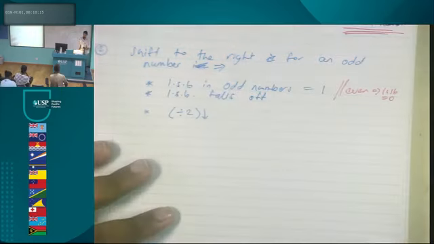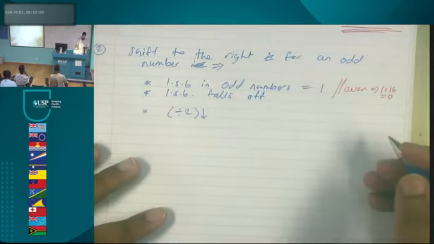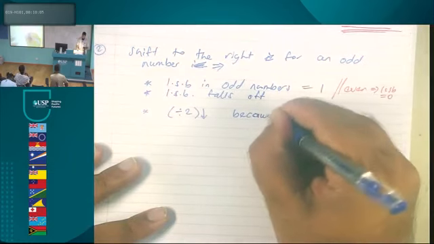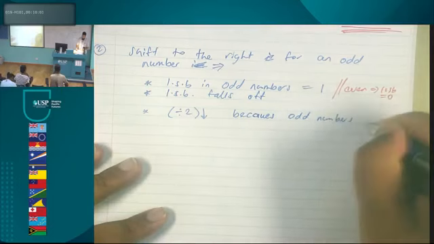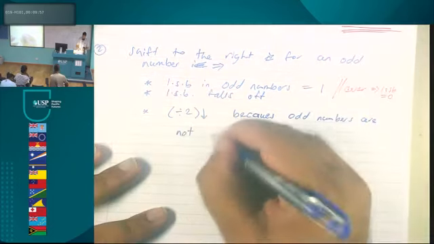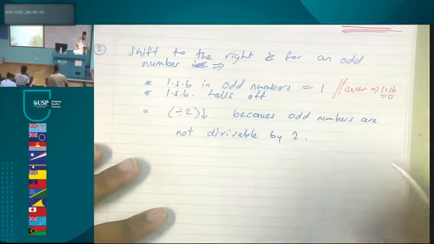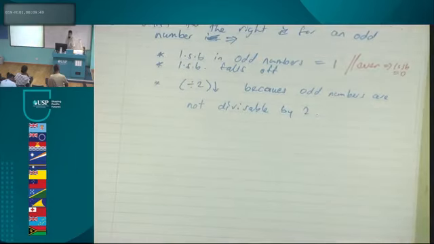That's the thing, divide by 2 and round down, right? Because odd numbers are not divisible by 2. So obviously there will be a remainder, there will be a 0.5, and it gets rounded down.